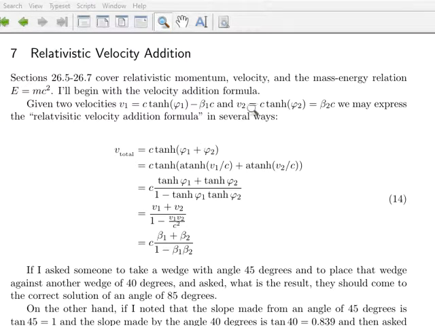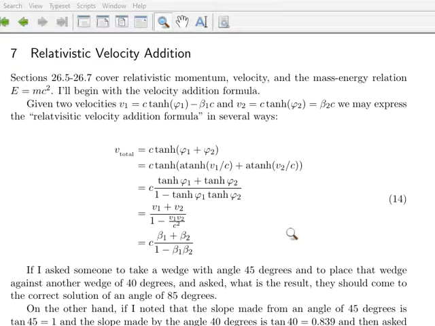Your second velocity is c times the hyperbolic tangent of the other rapidity. And we can take those two rapidities, add them together, and the final velocity is c times the hyperbolic tangent of the sum of the rapidities.